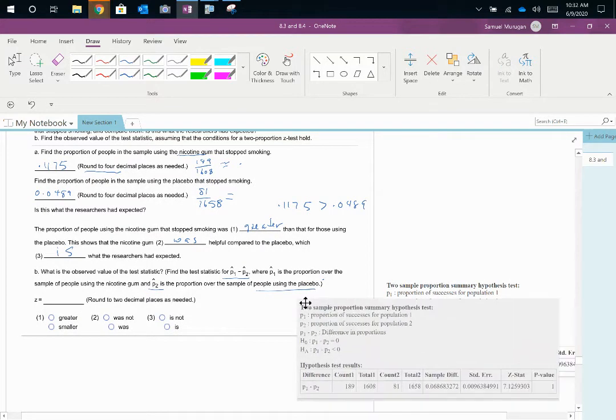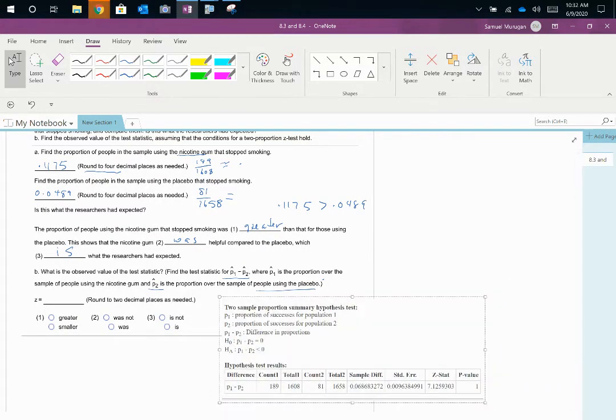And let's just drag it over a little bit here so we can see. All right, so the Z statistic from this computation, to how many decimal places? 2 decimal places is 7.13.